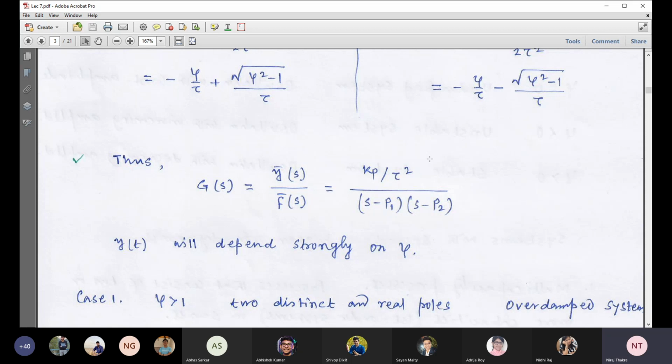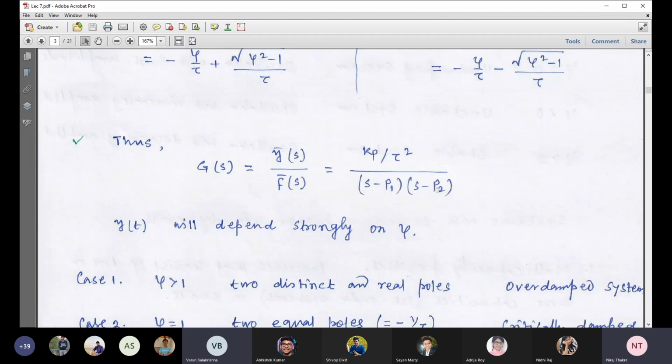Can you tell me, if we consider zeta equal to 1, what happens? How many poles are there? Sir, equal. Real or what? Real and equal. Yes. What's your roll number? 19CH30036.